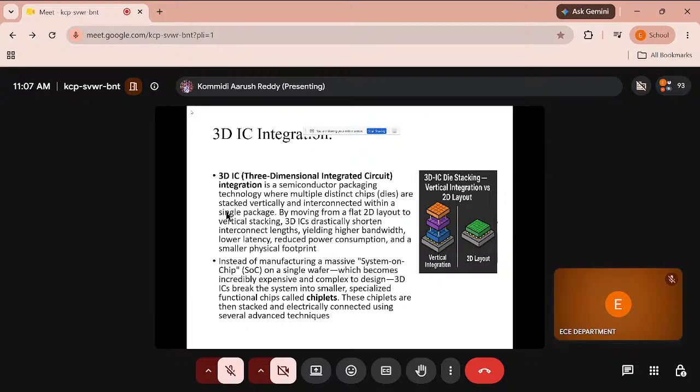It breaks the system into smaller specialized functionality chips, which are called chiplets. These chiplets are then stacked and electrically connected with several advanced techniques, which are the upcoming technologies to be used for IC integration.